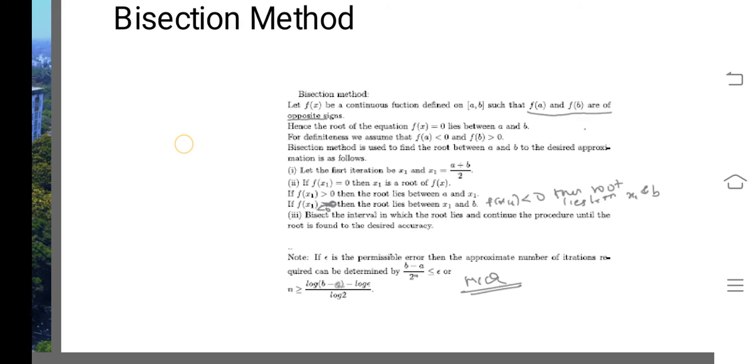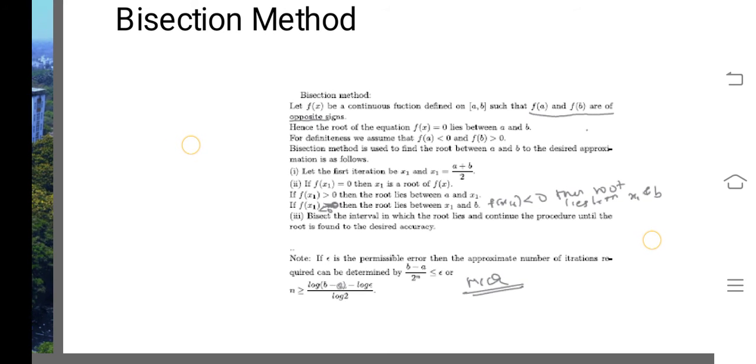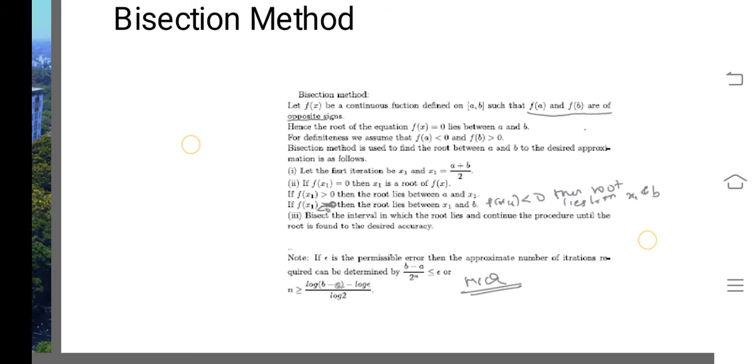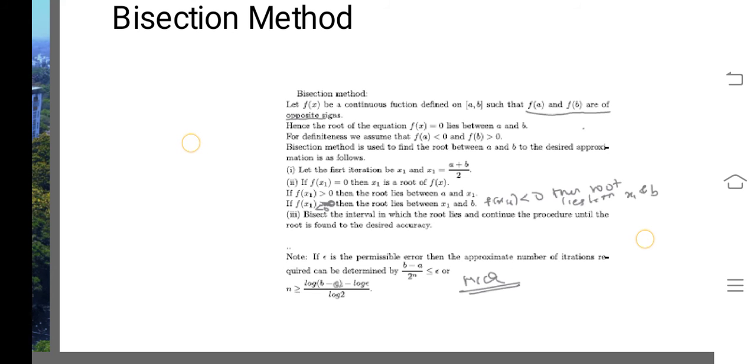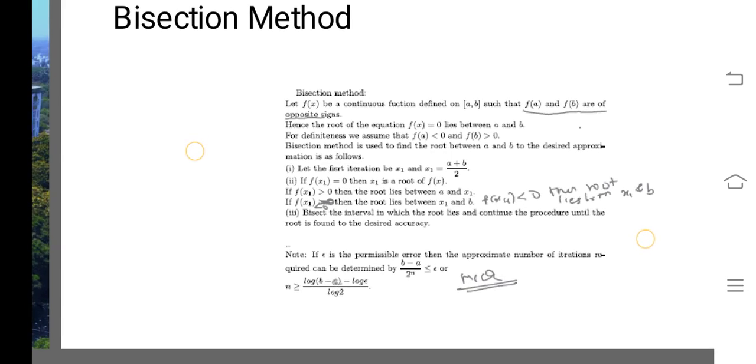If epsilon is the permissible error, then the approximate number of iterations required can be determined by the formula (b - a)/2^n less than or equal to epsilon, or the number of iterations n is greater than or equal to (log(b - a) - log(epsilon))/log 2.